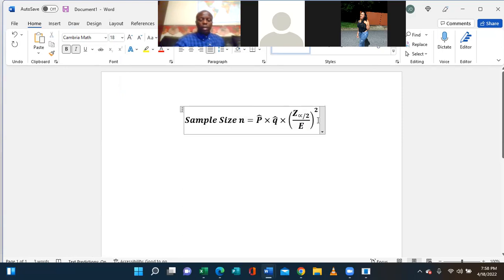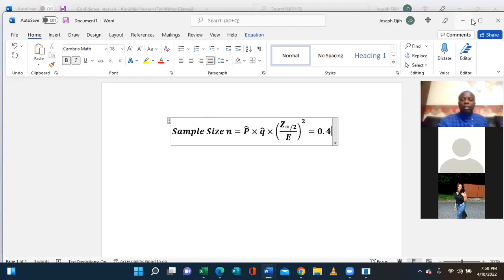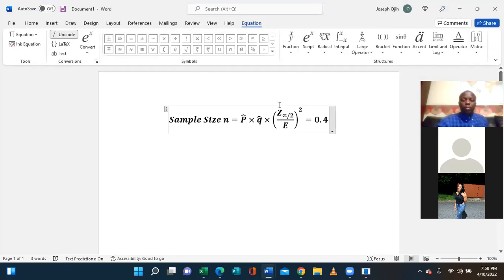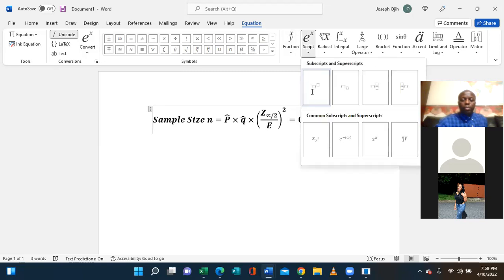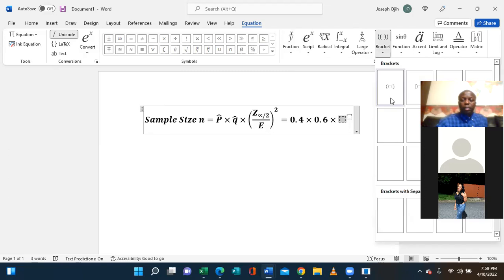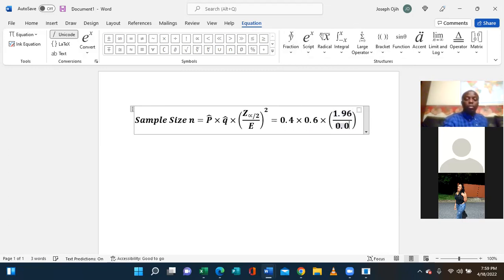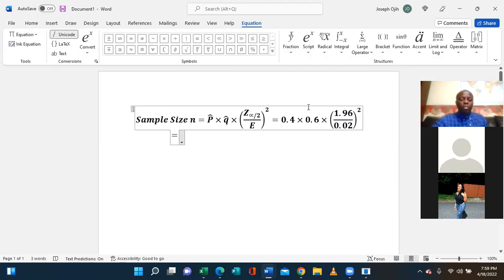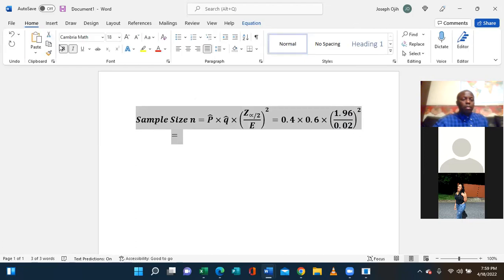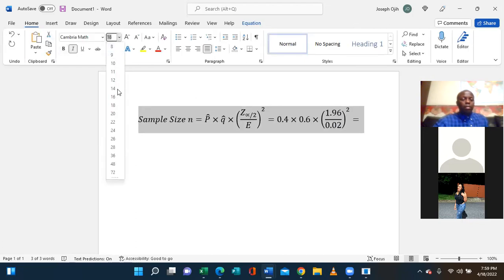So it equals p hat, which is 0.4, times q hat of 0.6, times 1.96 over 0.02, and that raised to the power 2, equals. Let me make it smaller so that it doesn't take the whole space.